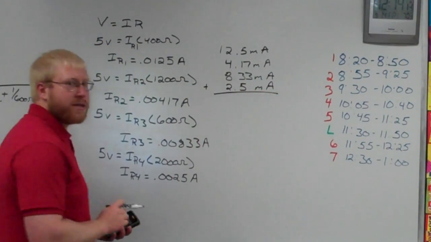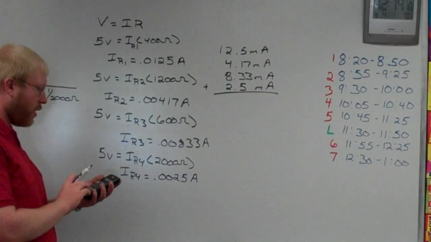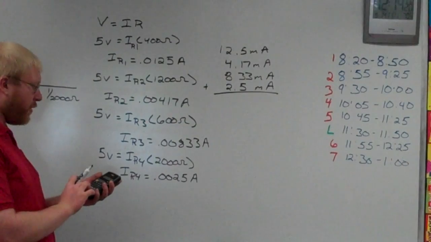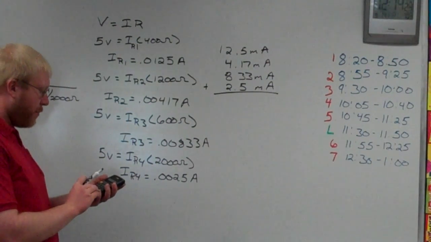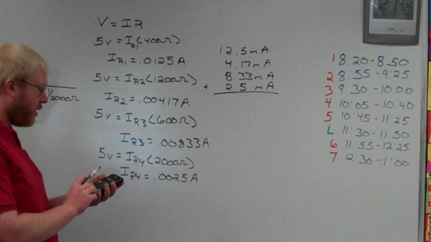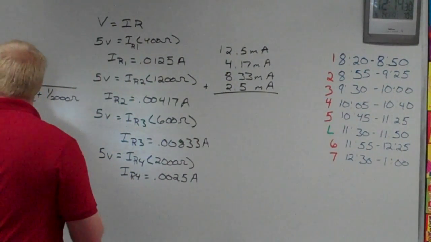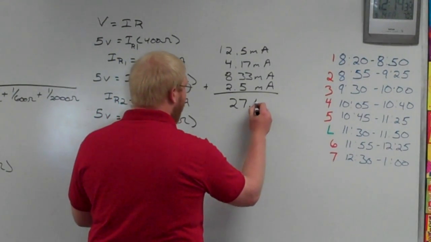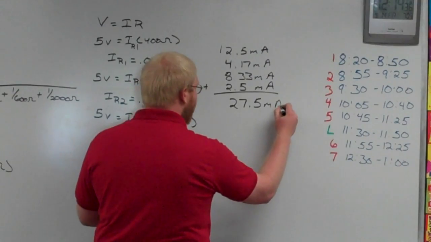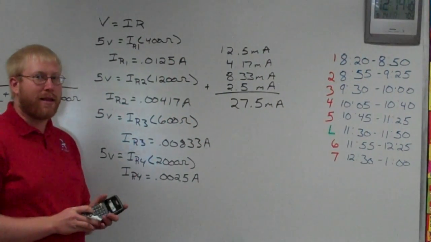If I add all those together, hopefully they will come out to my 27.5 or close milliamps. So 12.5 plus 4.17 plus 8.33 plus 2.5 gives me exactly 27.5 milliamps. Now, that proves with Kirchhoff's law that we did our math correctly.